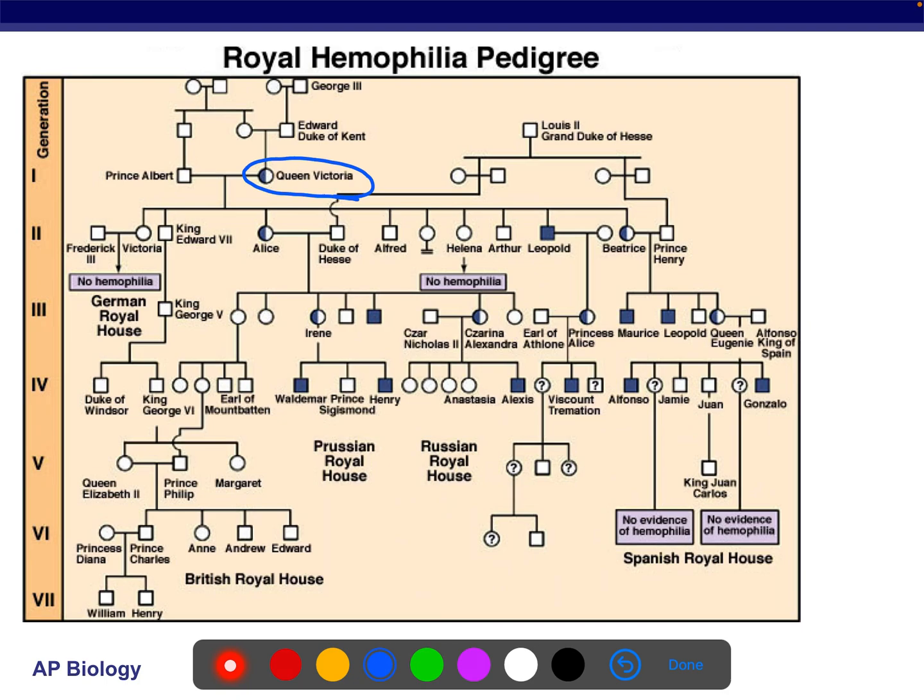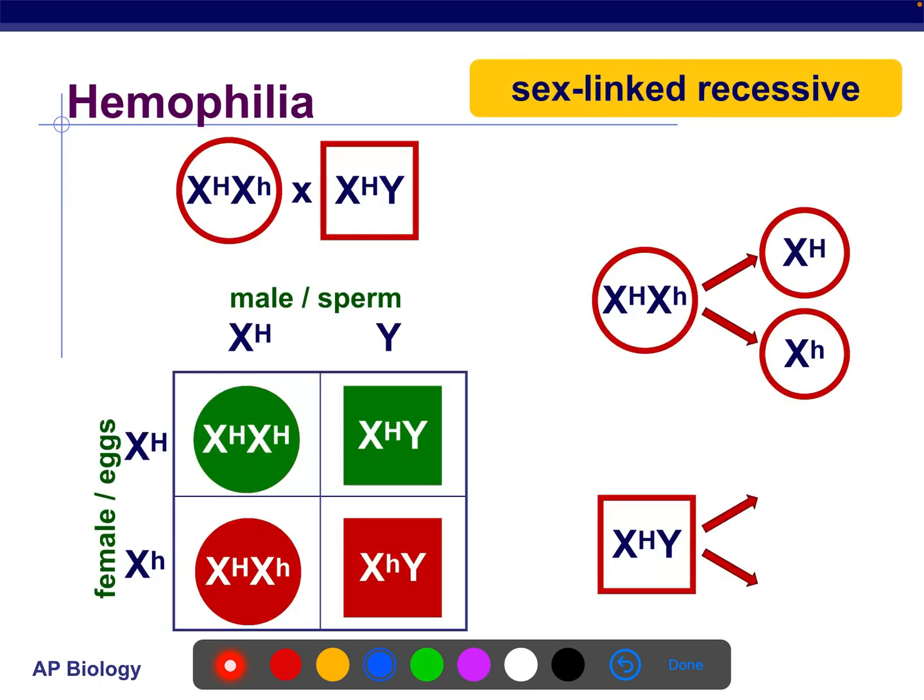And because there is so much inbreeding in royal families, as the generations went on, they started to see more and more people affected with hemophilia. And so you can kind of see there how many males in that lower bloodline are affected with hemophilia. And that's because it's a sex-linked trait. It's carried on the X chromosome.